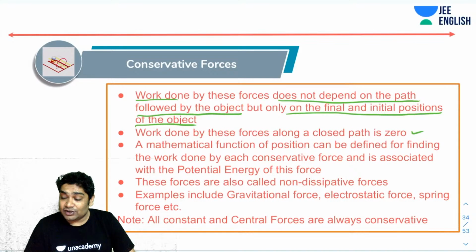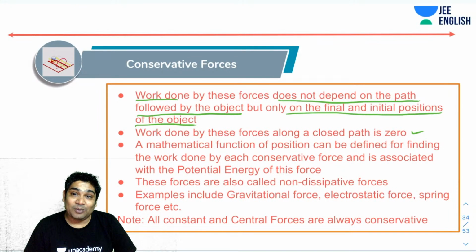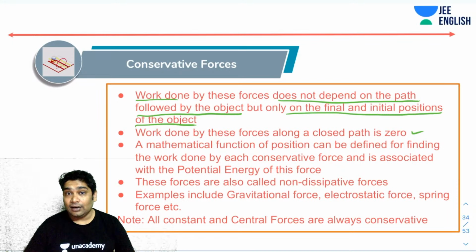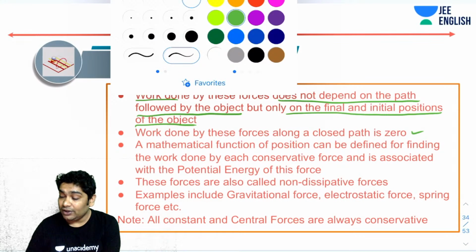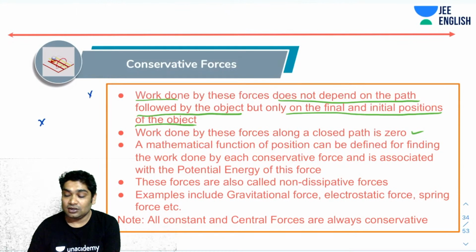A mathematical function of position can be defined for finding the work of each conservative force, and is associated with something called a potential energy function. As I said, when conservative forces do work, their work depends only on initial and final positions, so the initial position vector and final position vector.